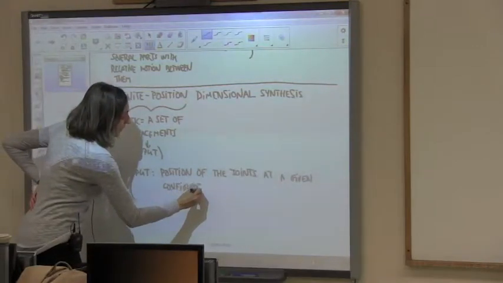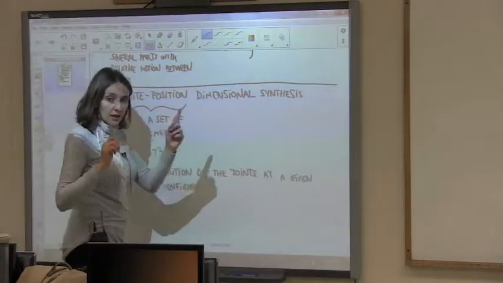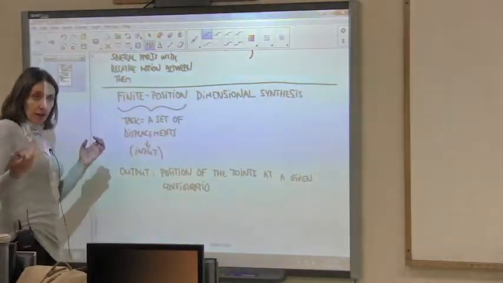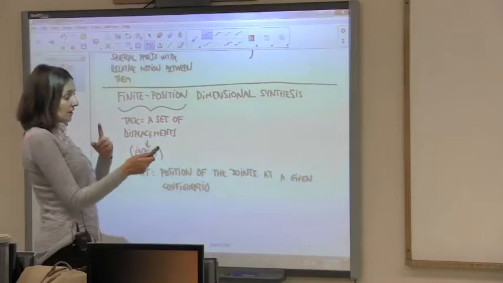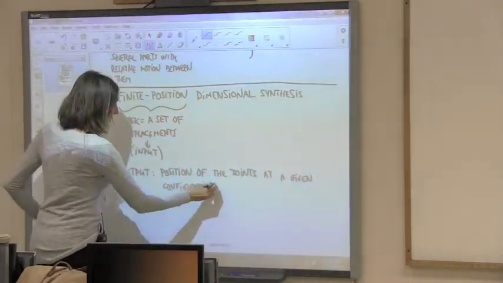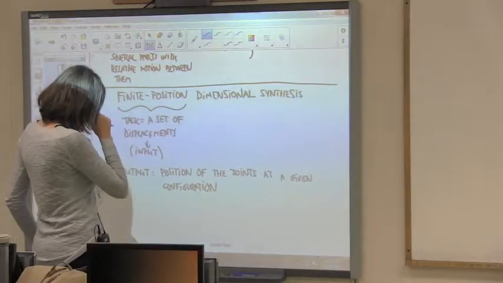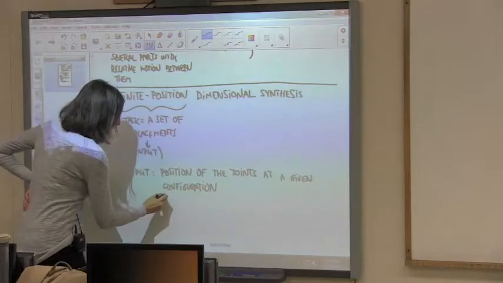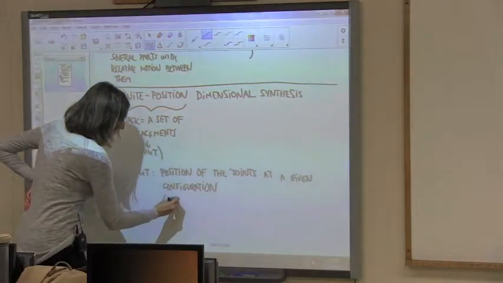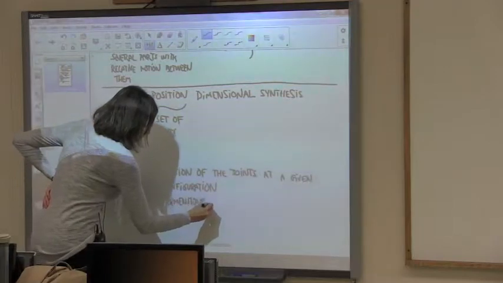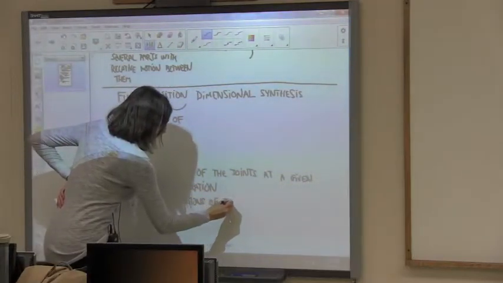This is what we will get. We will get the joints are here, here and there, and with that really what we are given is the links, right? So the distance and angle between consecutive joints. Okay, at a given configuration. So this is basically the dimensions of the system.